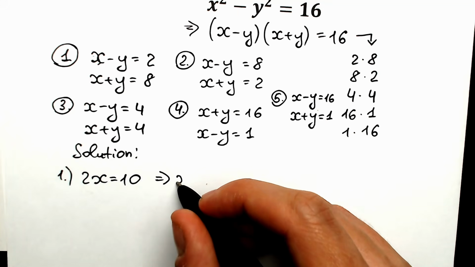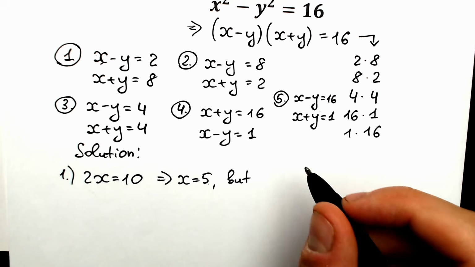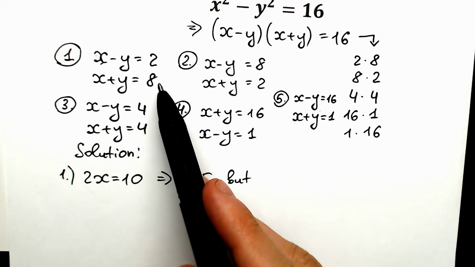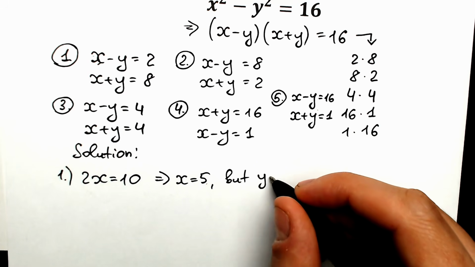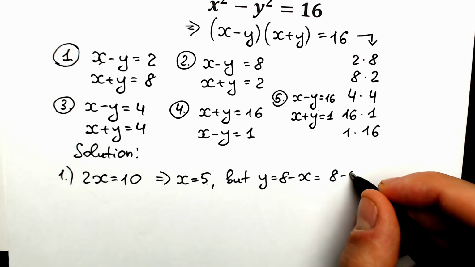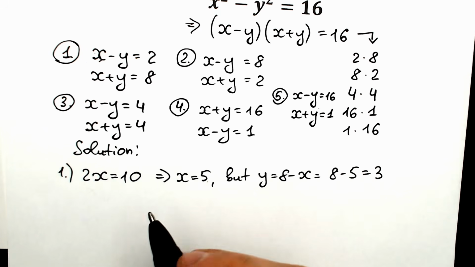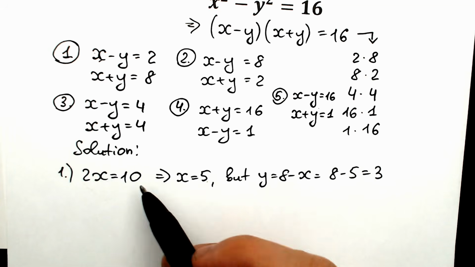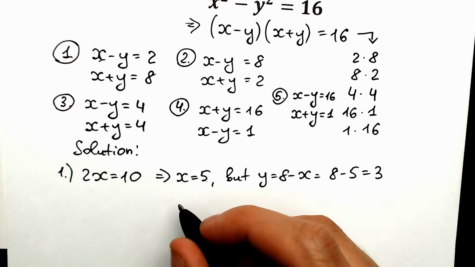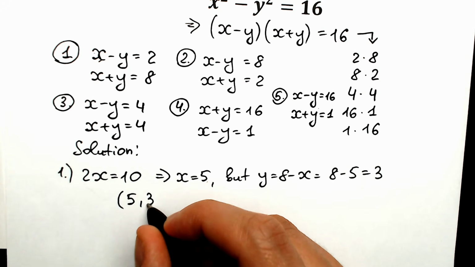In the same way, y equals 8 minus x, so we have 8 minus 5, which is equal to 3. So this is our first pair: x equals 5 and y equals 3.